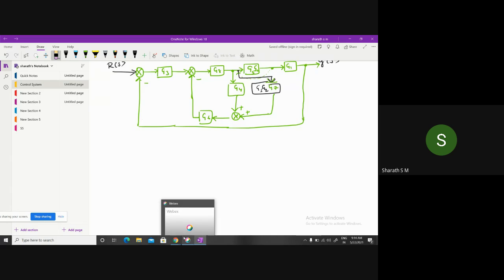Parallel. So these two blocks are in parallel.